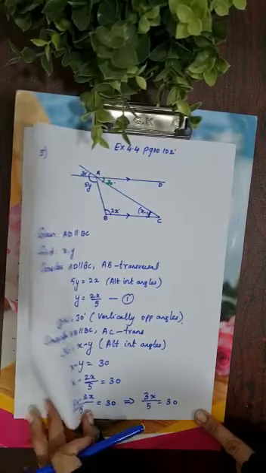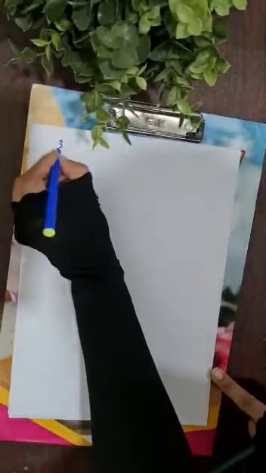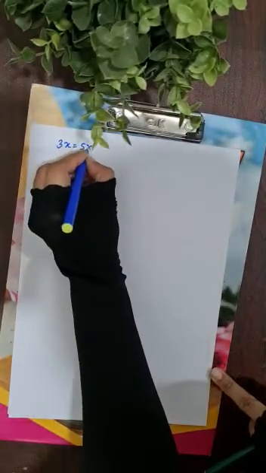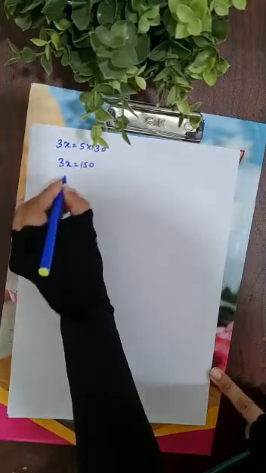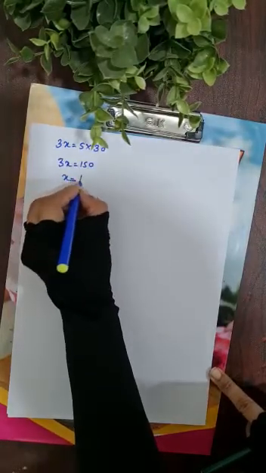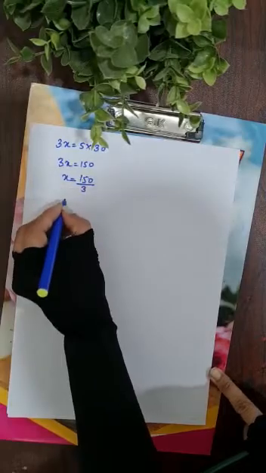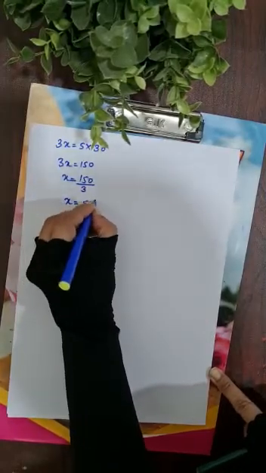So 3x is equal to 5 into 30. So 3x is equal to 150. x is equal to 150 by 3. So x is nothing but 50 degrees.